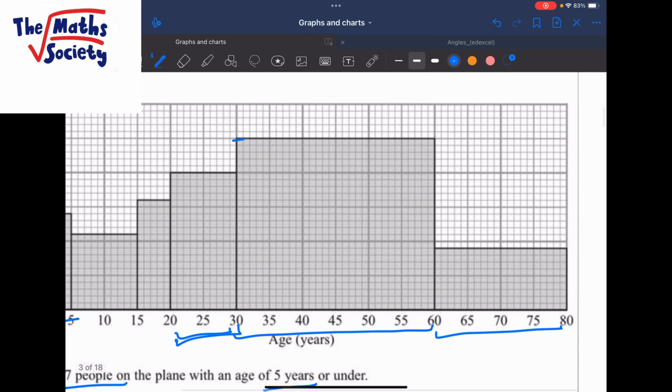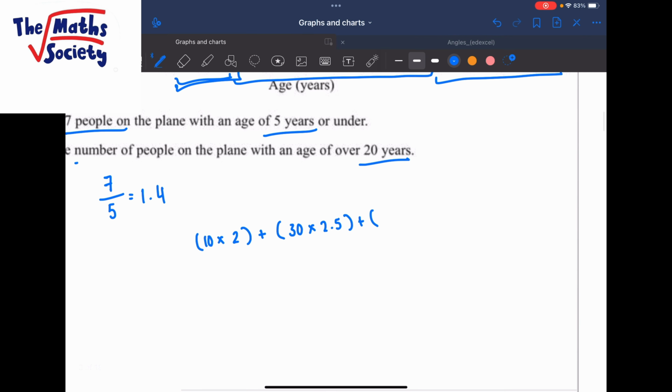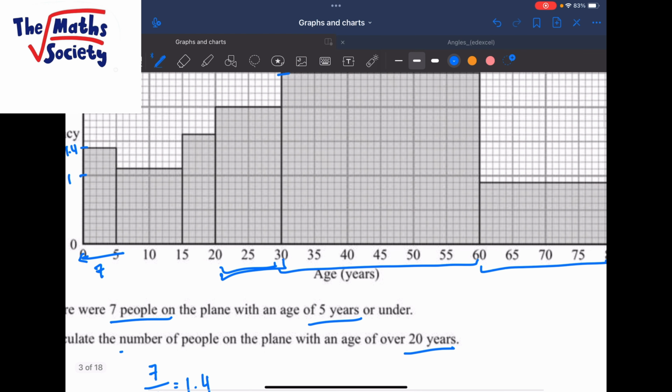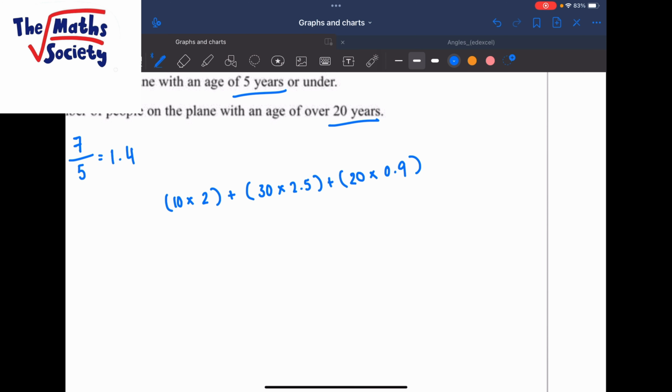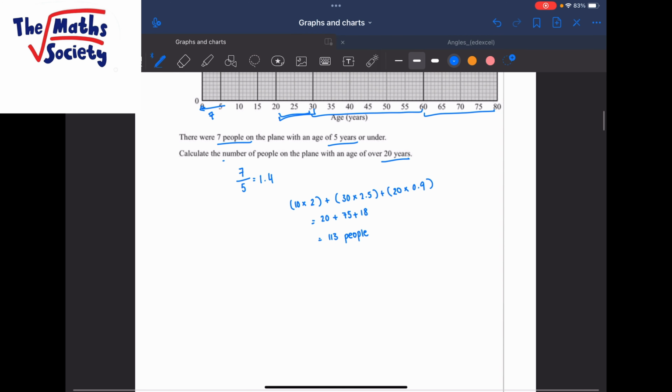Plus, here's 60 to 80, which is 20, multiply by frequency density, which is going to be 1. Just add all of them together, and that will give you 20 plus 75 plus 18. So that gives you a total of 113 people that are over 20 years old.